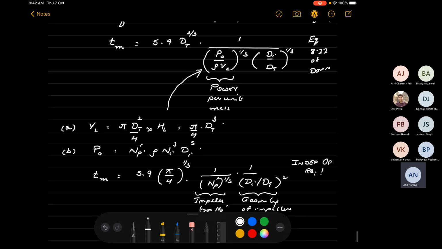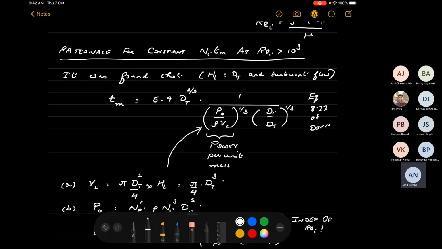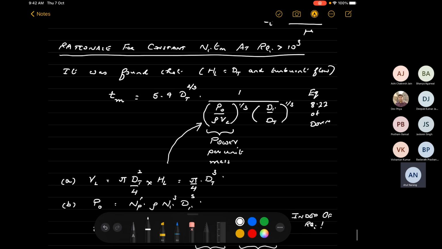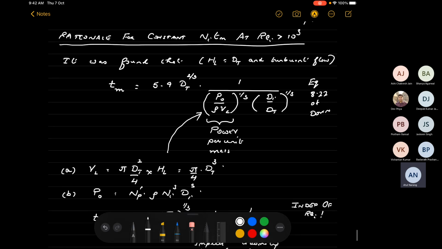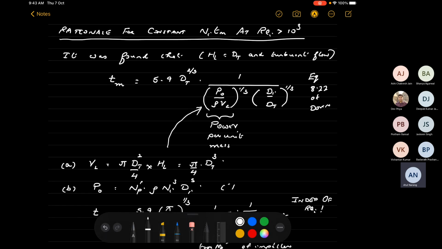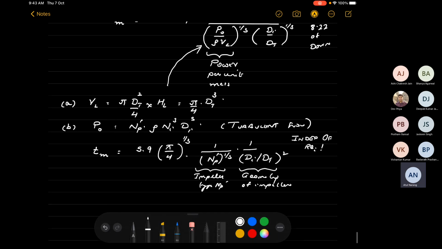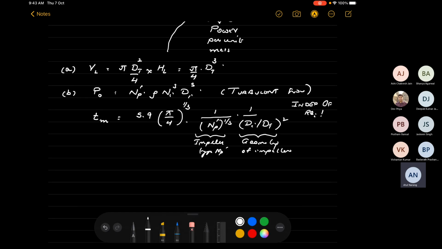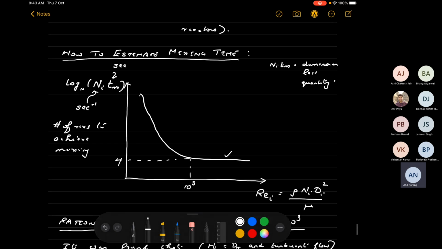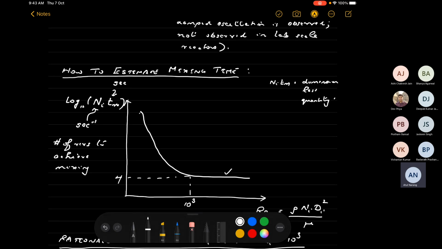I told you that this equation provides a reasonably good prediction. One special case is that this particular experiment was done for HL equal to DT. So if you calculate VL and put in the right value of P0 for turbulent flow, which is NP prime multiplied by rho N sub I to the cube and DI to the power 5, you end up with a formula that shows that the mixing time is independent of the Reynolds number, as expected from this figure, which I've also shown you.